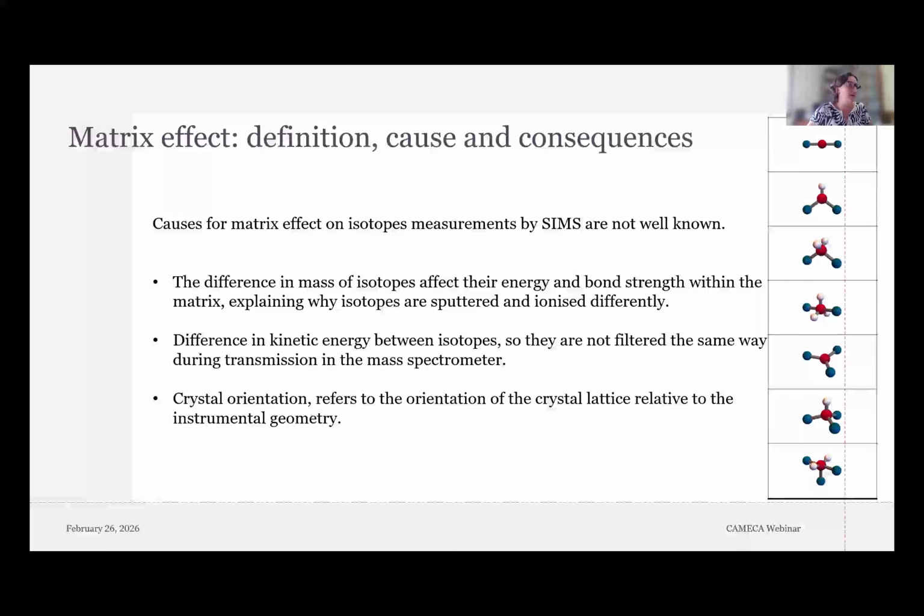Although small, the difference in kinetic energy between isotopes means that they are not necessarily filtered the same way during transmission in the mass spectrometer, so that can also induce some isotopic fractionation. And last, the crystal orientation, which refers to the orientation of the crystal lattice relative to the primary ion beam and instrumental geometry, can also create some matrix effect, although I will not talk about crystal orientation in this talk today.